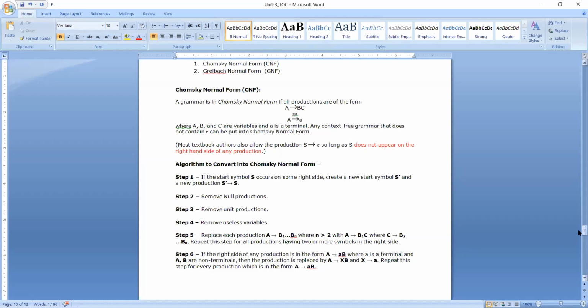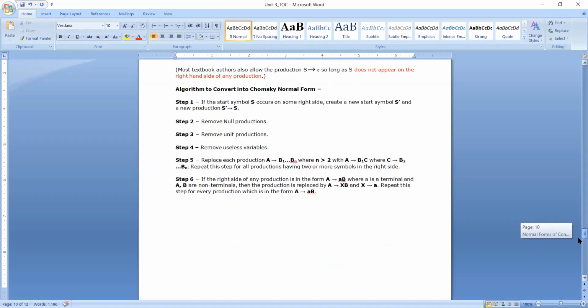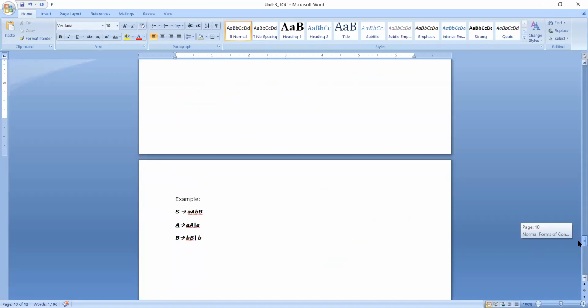Okay, now this is the algorithm that we are going to follow in order to convert any grammar into the Chomsky normal form. I will explain this algorithm later, but before that, let us take one small example and try to convert our grammar into Chomsky normal form.